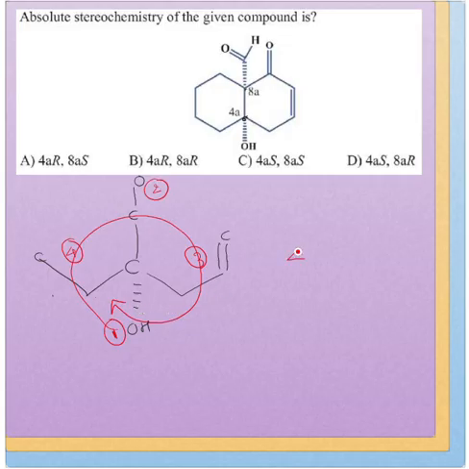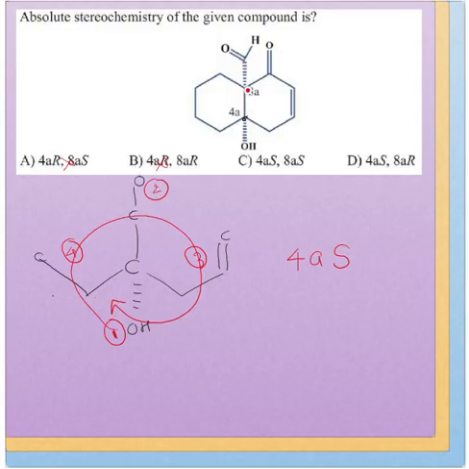That means for 4A, the configuration is S. But you have such two options, so you can eliminate A and B. In these scenarios, usually you will have two options, so again you have to choose from those two to get the right answer, okay?